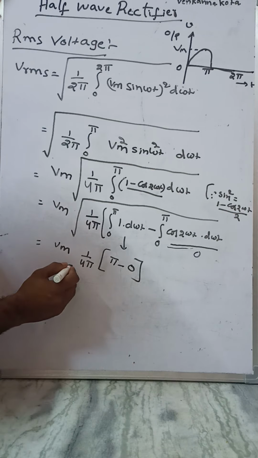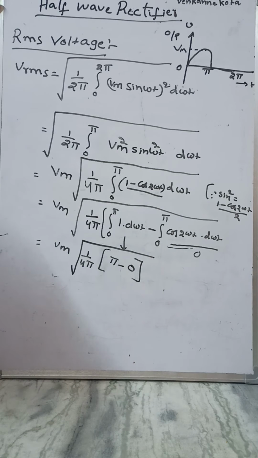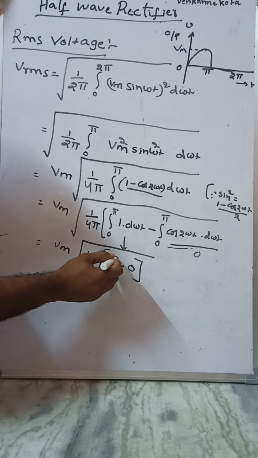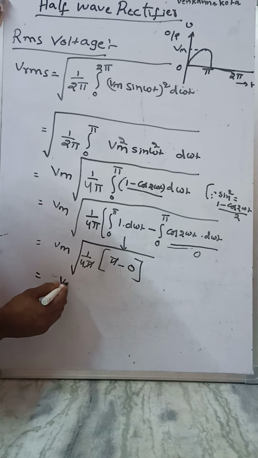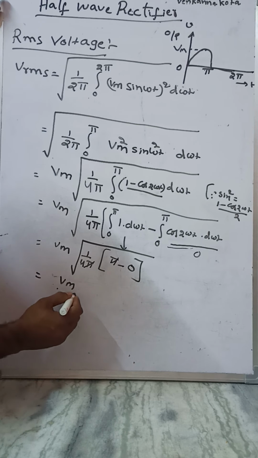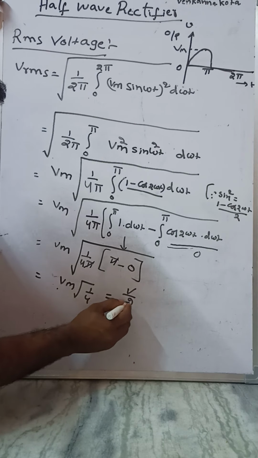So here the total is square root, pi, both are cancelled. So here Vm times square root of 1 by 4, that becomes Vm by 2.